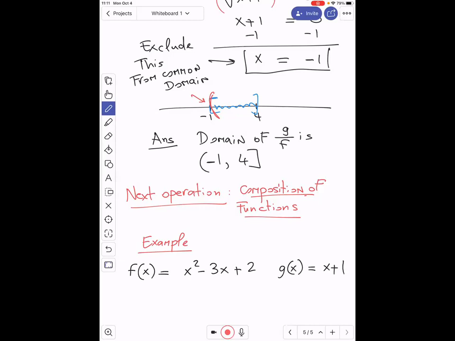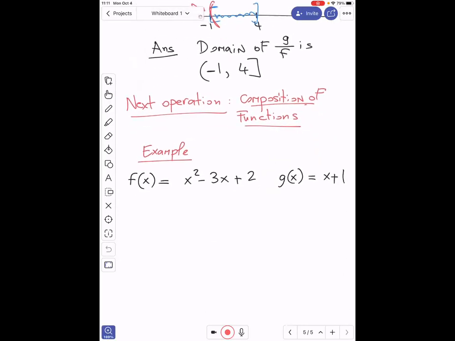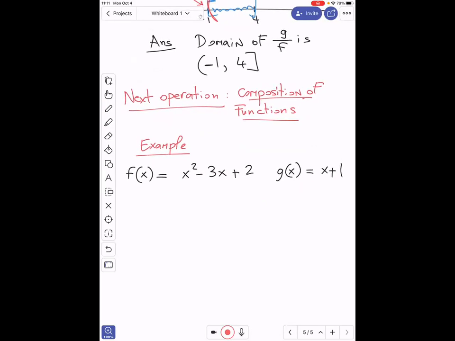As you know, we can add these 2 functions, subtract them, multiply them, etc. Now there is one more operation we can do on these 2 functions, f and g. We can compose them.